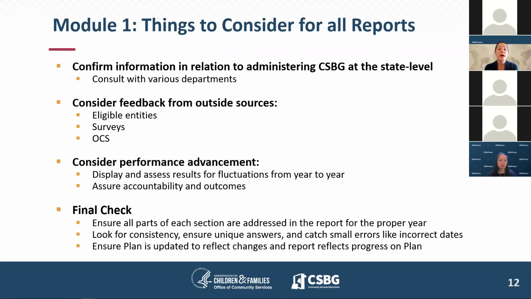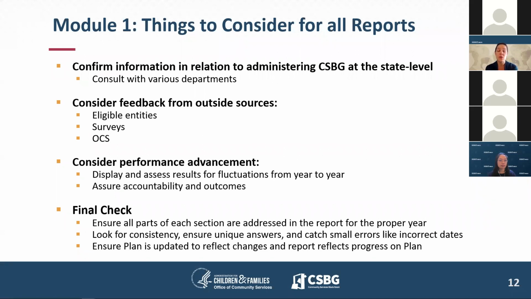Consider performance advancement. One of the things that we find is that sometimes there are incongruencies from one year to the next. So you might report $500,000 for one section in your report, and the next year that number is lower or higher. You want to make sure that you double check some of those things to make sure that you're being consistent and to catch some red flags that might otherwise pop up.